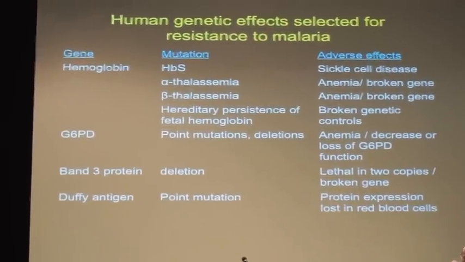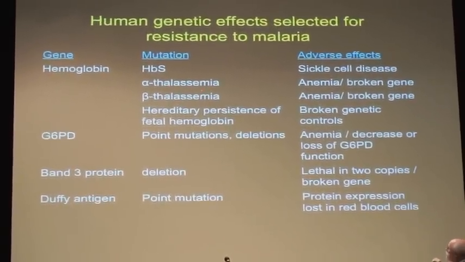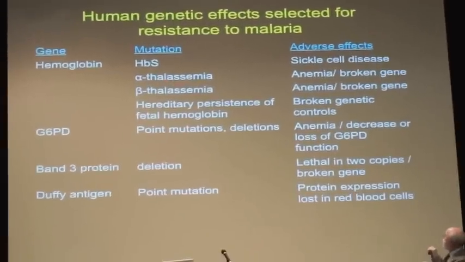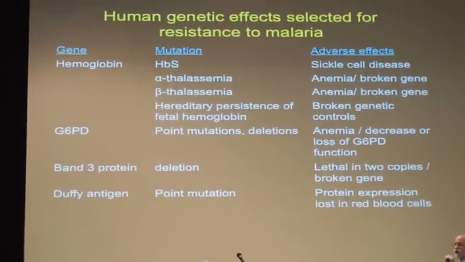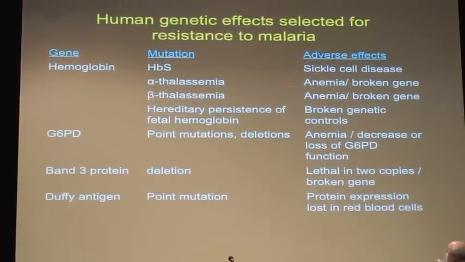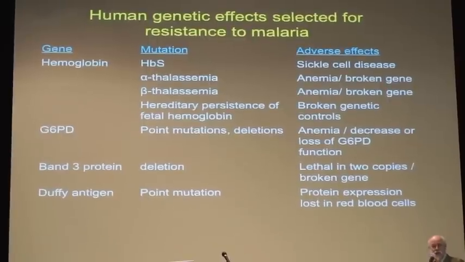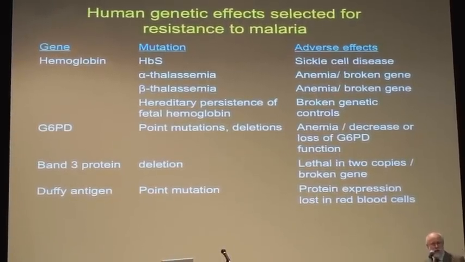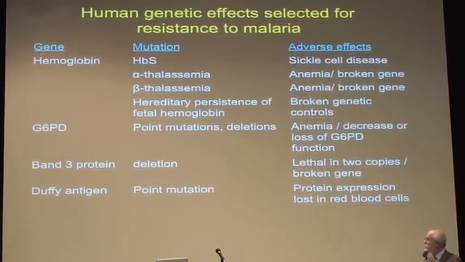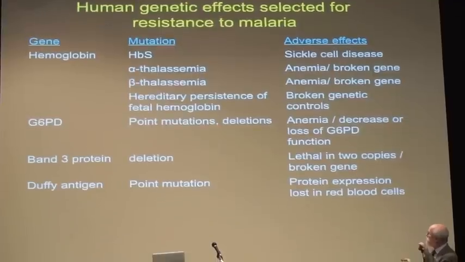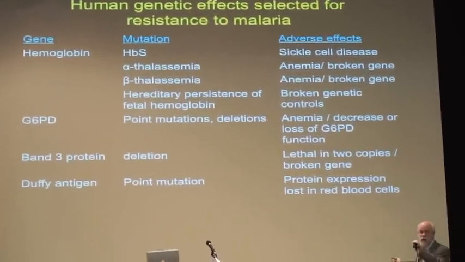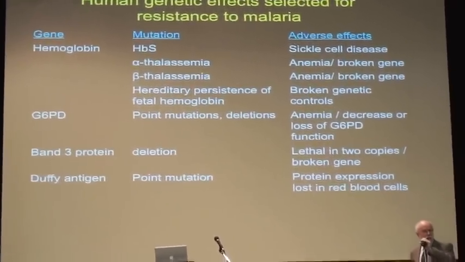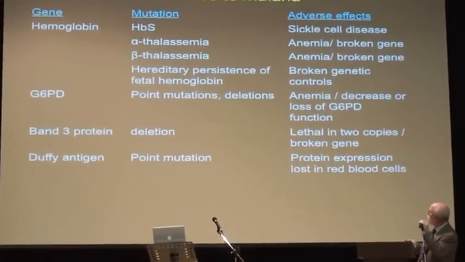What are they? Well, one is in a gene for a part of hemoglobin, and that leads to something called alpha thalassemia. And the mutation turns out to be to break the gene for that part of hemoglobin. Another is called beta thalassemia. The mutation breaks another part of the hemoglobin gene.